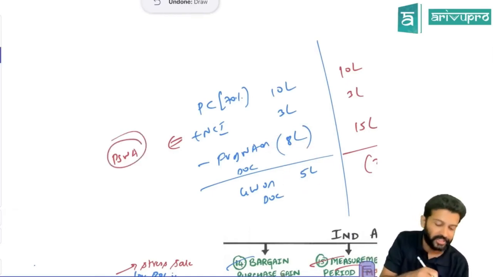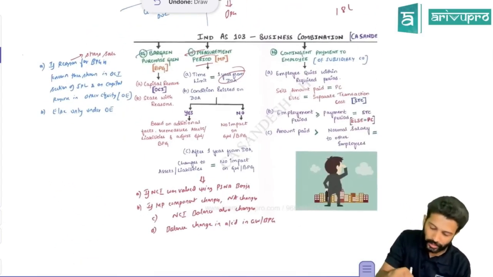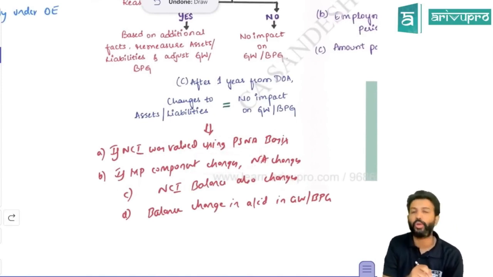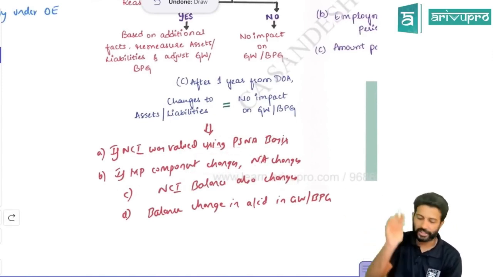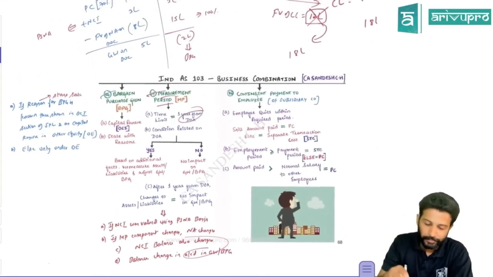First, you have to change NCI, and only the balancing figure you record in goodwill or bargain purchase gain. Keep that in mind.